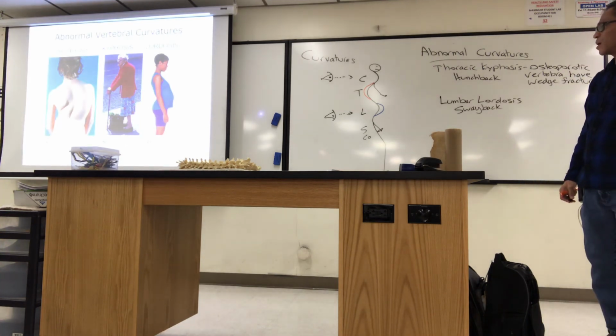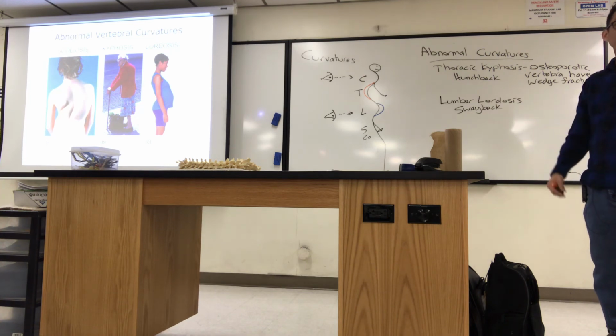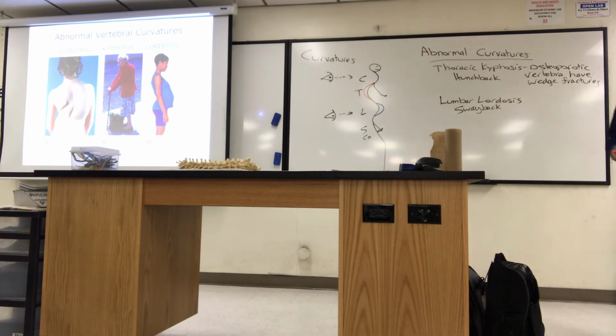That could be due to too much weight in the front. The body's center of gravity, okay, any object on Earth has one point that's its center of gravity, and that's the point at which gravity pulls you down. And in humans, it's a little bit by the belly button in that region. So if you have too much weight up front, it throws off your center of gravity, so it pulls you forward.